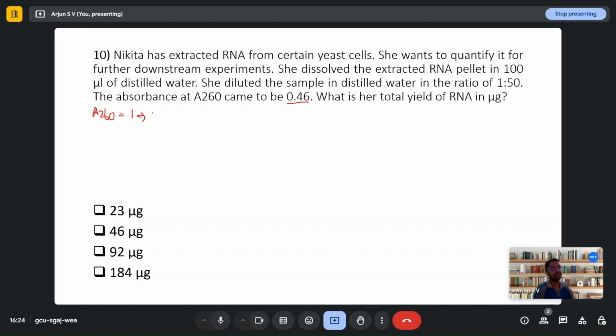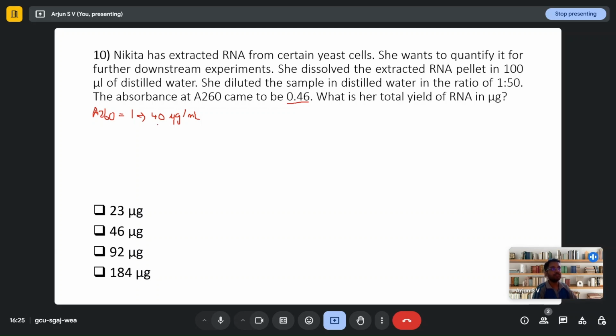So if absorbance is equal to 1, then it means that the amount of RNA present in the sample is 40 microgram per ml. So if the RNA in the final sample is 40 microgram per ml, then you will get absorbance as 1. That is a fixed, prefixed fact kind of stuff.